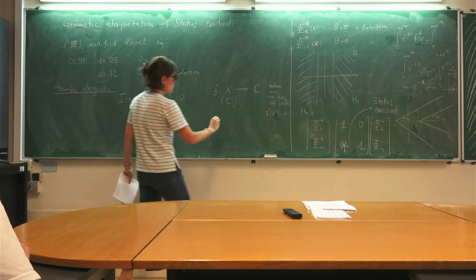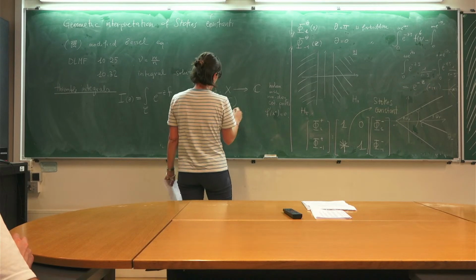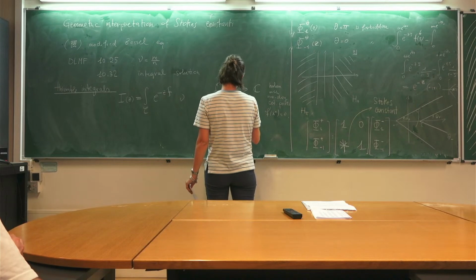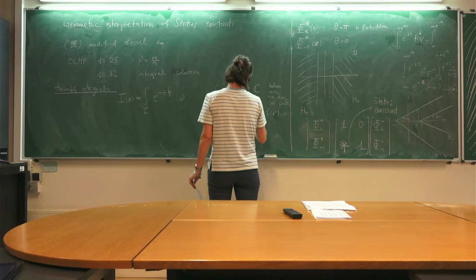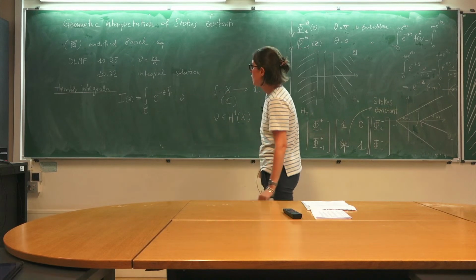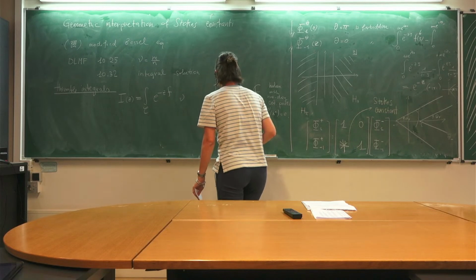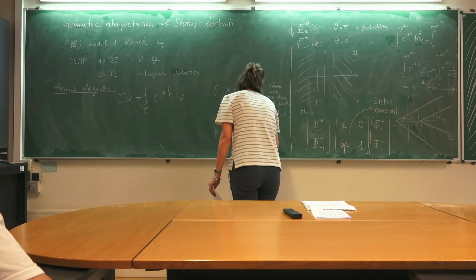And what is nu? Nu is a one form, or an n form. So it lies in, let's just do one, is a one form on X. And what is C here, this C is a steepest descent contour.